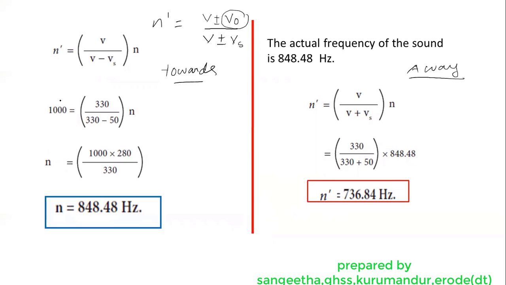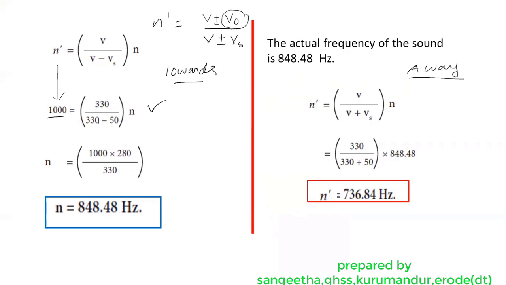What are the data given? 1000 Hz is n dash, and 330 is the velocity of sound waves in air, and the source velocity is 50. Substitute these values and find the value of n. n is equal to 1000 into 330 minus 50 by 330.